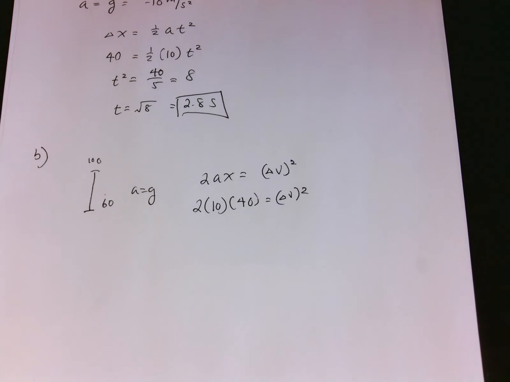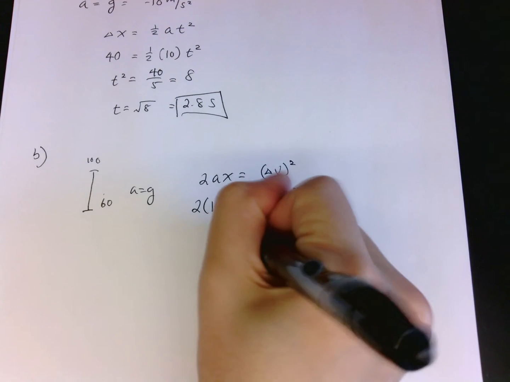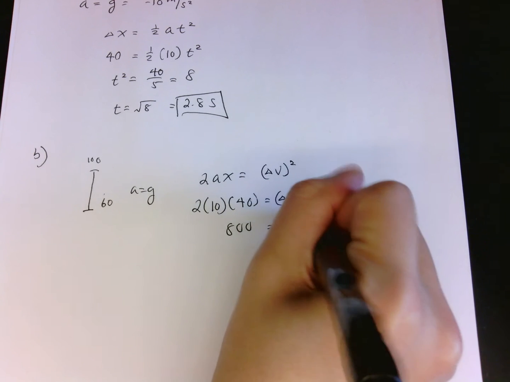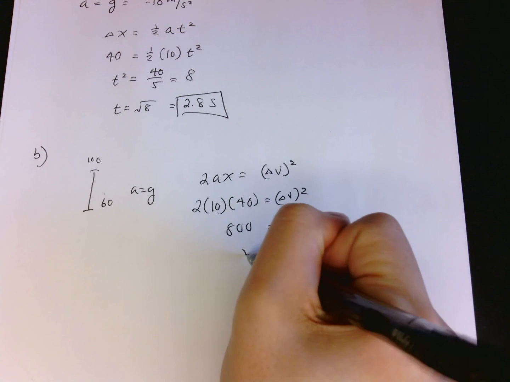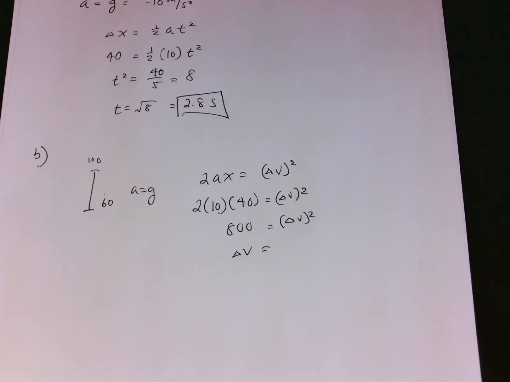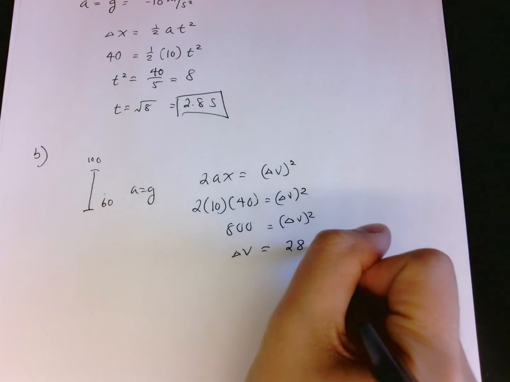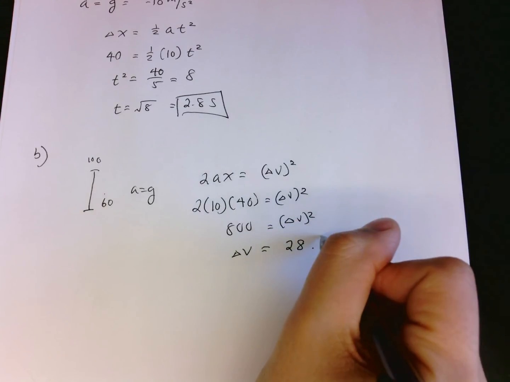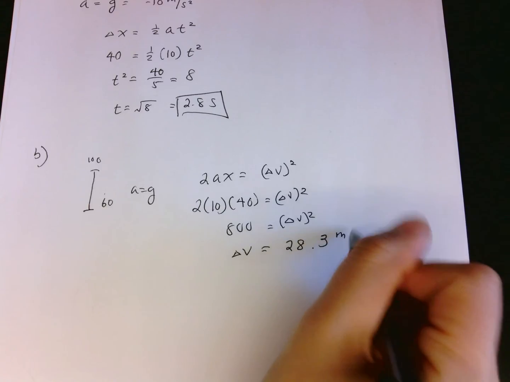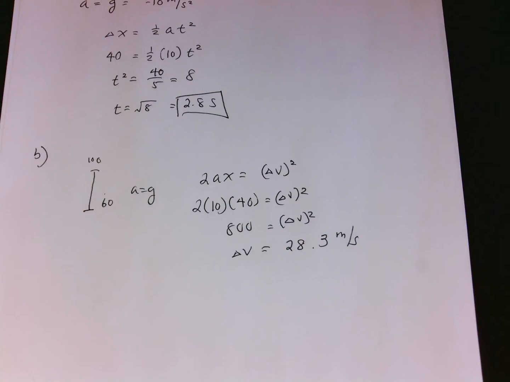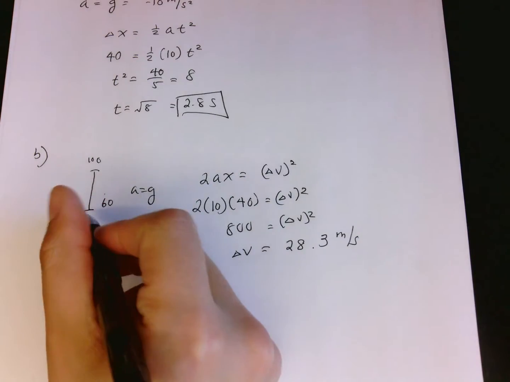So 800 is equal to delta v squared, and that means delta v is going to equal the square root of 800, which is 28.3 meters per second. So that's his velocity at the beginning of this period.